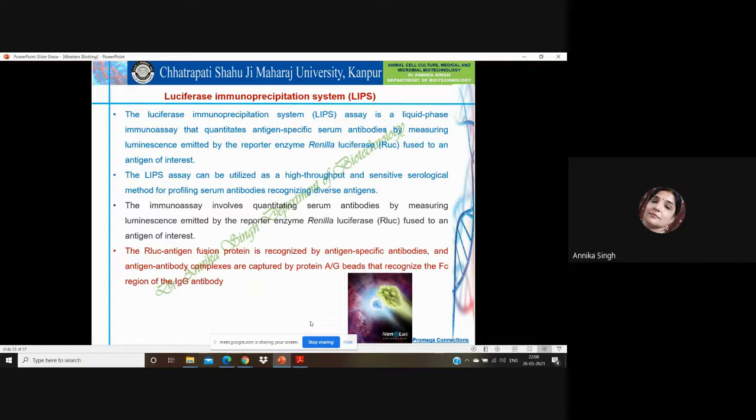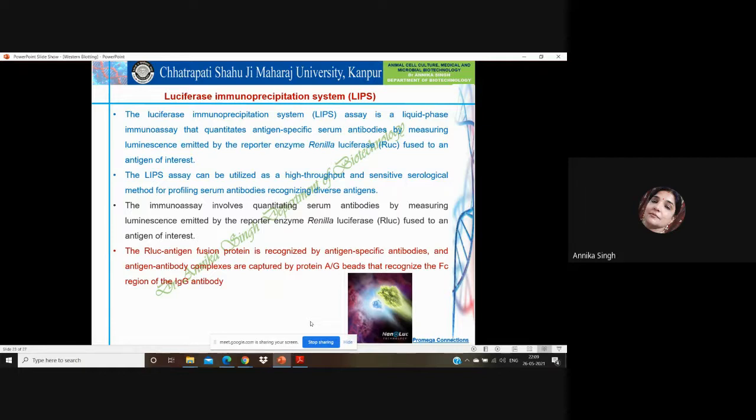And this system can use a wild type or synthetic Renilla luciferase gene for primary expression or internal measurement of gene expression, when we fuse the gene of Renilla luciferase with a specific antigen gene.